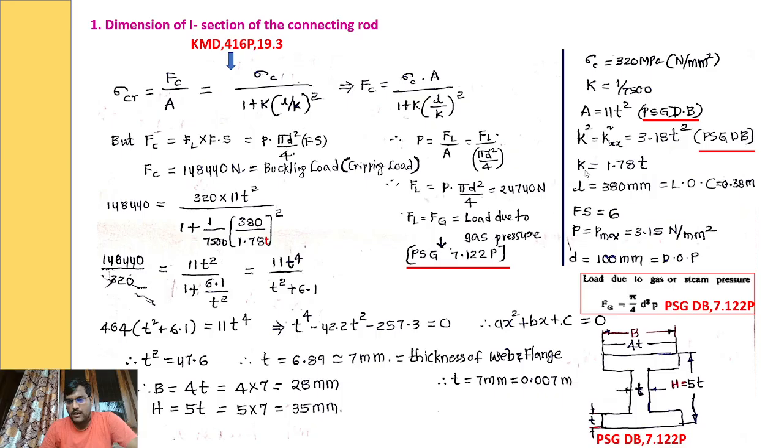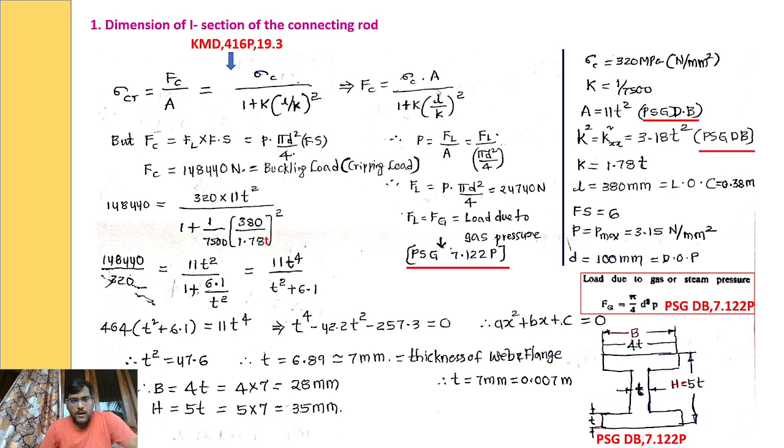So from that you can find out the k value, 1.78 t. Okay. So the same values you can use. Here you have to find out the t value. So we observe A is 11 t square and k is equal to 1.78 t. So here we have to substitute all the values in terms of t.